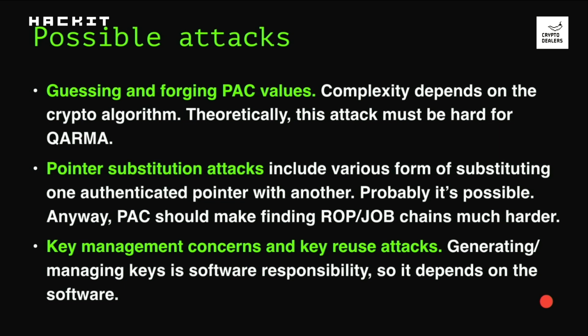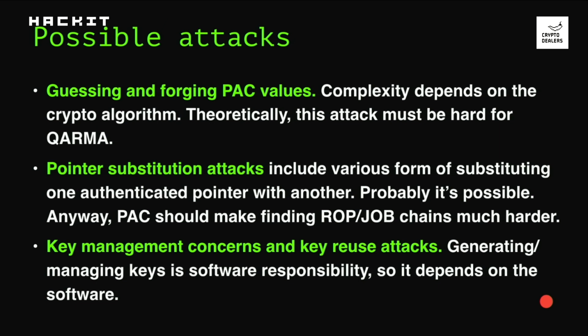Another possible attack is the pointer substitution attack, with various types of pointer substitution. We can try to find an already signed pointer in memory and use it in an evil way. Then key management: generating and creating keys is up to software.